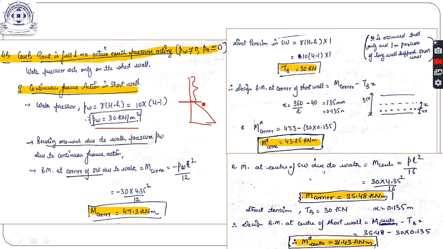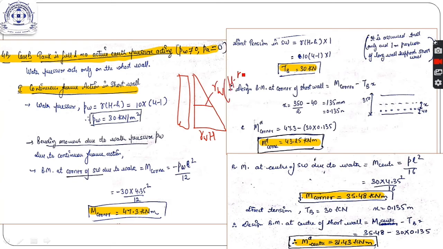So this is the tank wall, and this is the whole water pressure diagram. This value will be gamma w H, and we are concerned with the value here, that is gamma w into H minus small h. Okay, so this is the water pressure acting at this side.